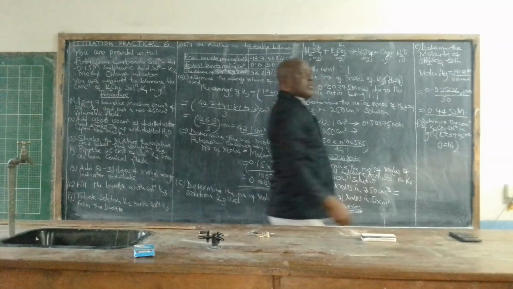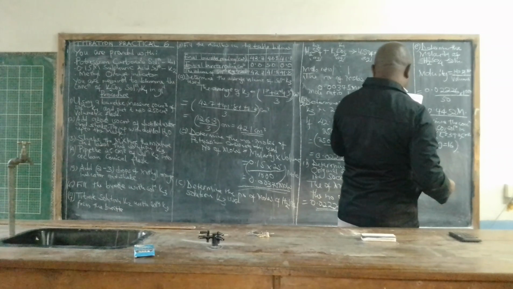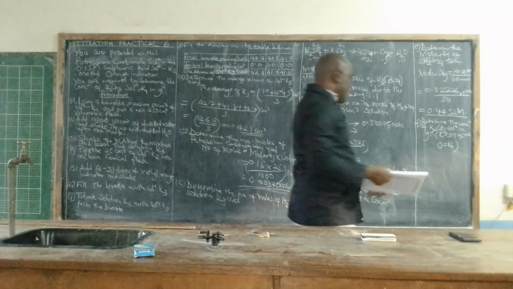So these are the relative atomic masses. In this case, we are just going to get the relative atomic masses of each, then from there we can substitute.